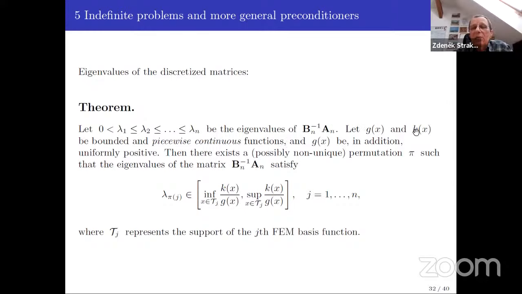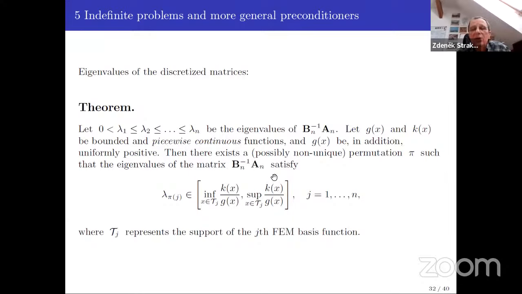And again, for K, no other assumption. For G, we need uniform positivity. Okay. And then we can prove the same thing for the discretized matrices. That means that if we have a discretization with n degrees of freedom, we have the operator A preconditioned by B, represented by this matrix.